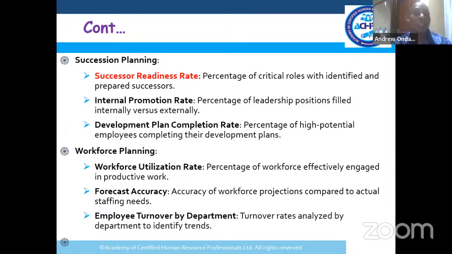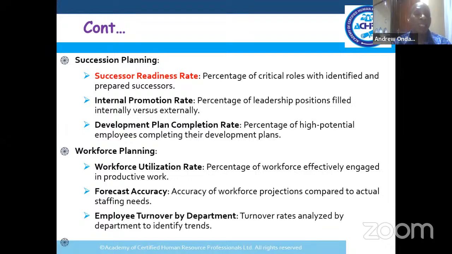So the starting point is to review the corporate strategies, and then from there, determine our establishment and the demand for labor. From there, we can identify a gap and then prepare human resource plans or strategies.